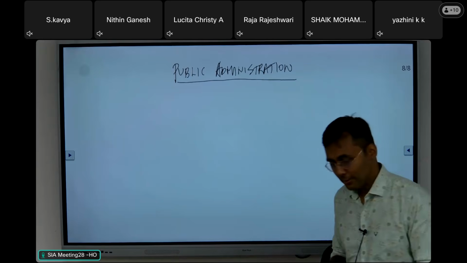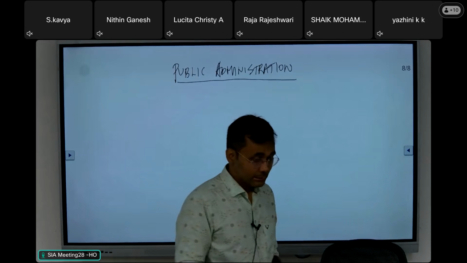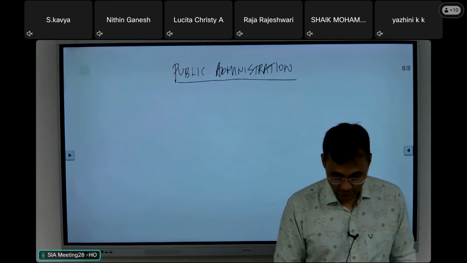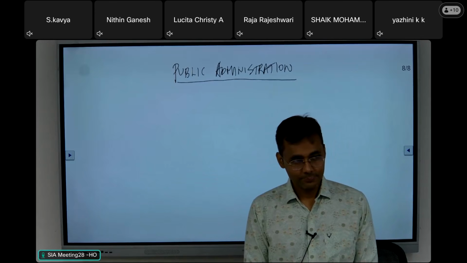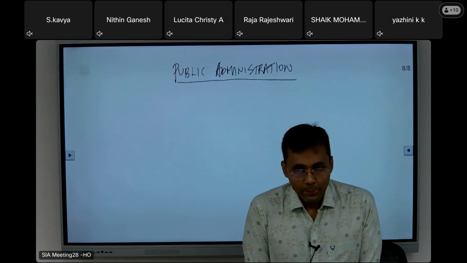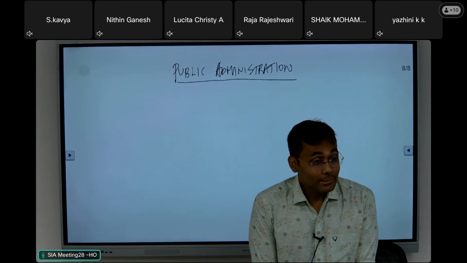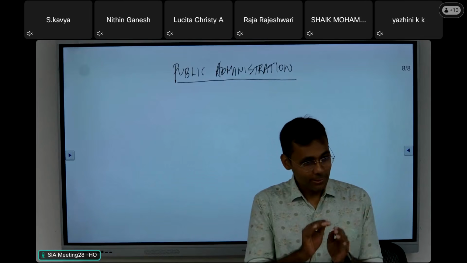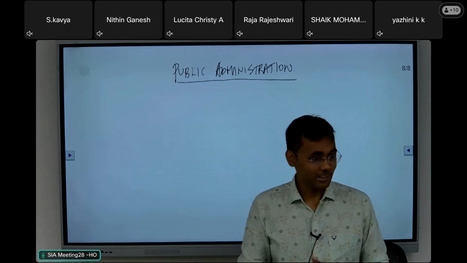You'll be shocked to see that number. The per year collection of GST is very close to 22 lakh crore, not 22 lakh, 22 lakh crore rupees per year the government is collecting.